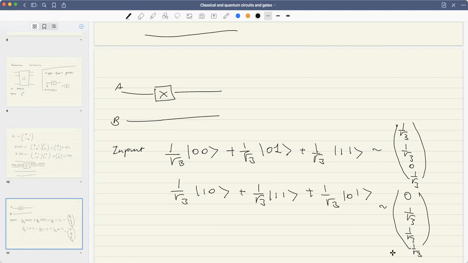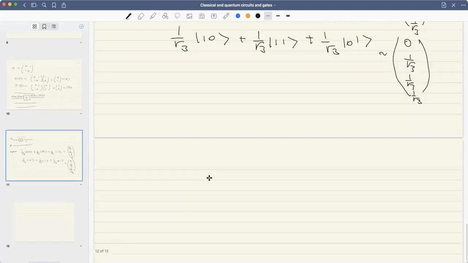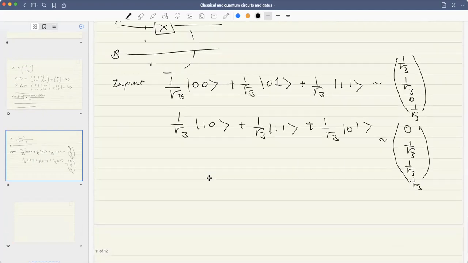So that's how this 2 qubit gate, which is essentially a 1 qubit gate acting on 2 qubits, transforms the state of 2 qubits. So essentially that should be a unitary acting on this 4-dimensional space, if you wish.